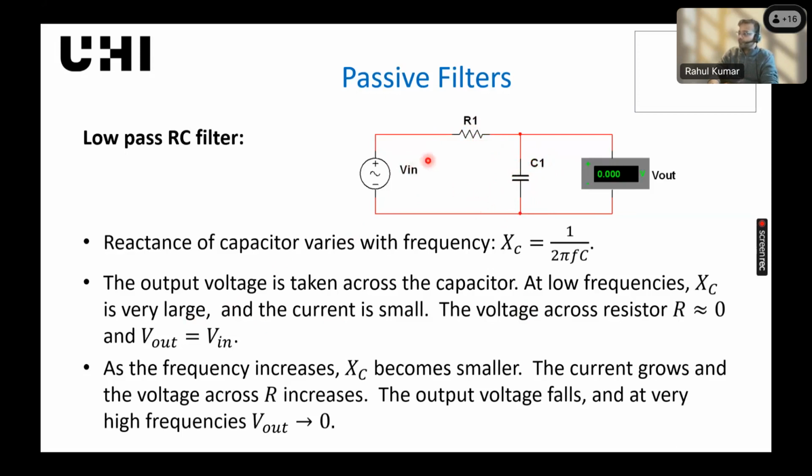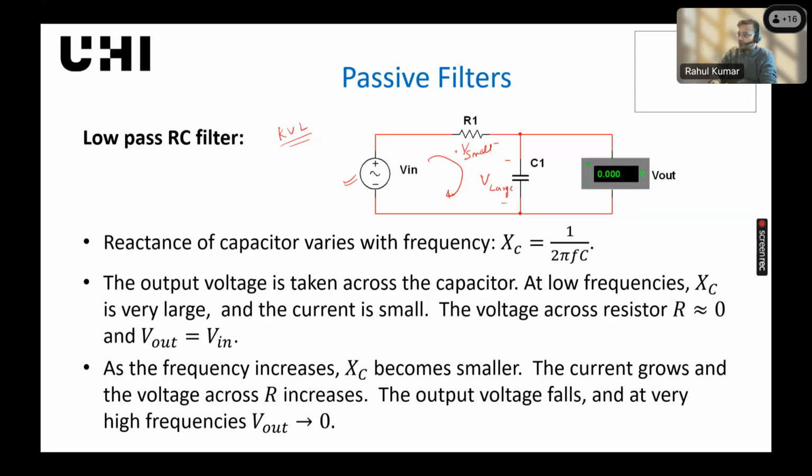You might remember Kirchhoff's voltage law, KVL. So this is your supply, and you have a small voltage here, right? So all the remaining voltage, because in a loop the sum of voltage drops should be equal to your supply voltage. As a result, you will have a very large voltage drop across this capacitor.